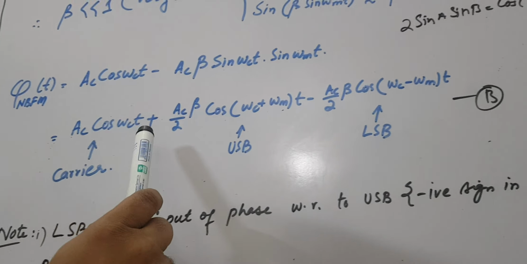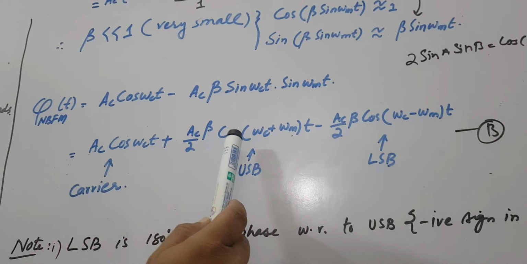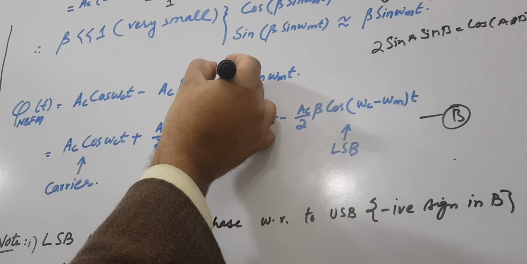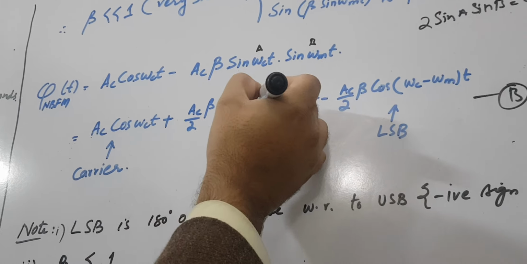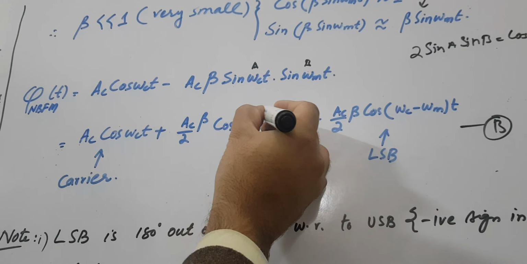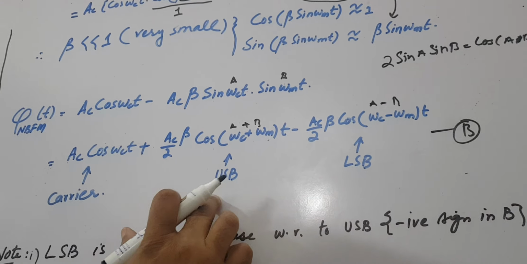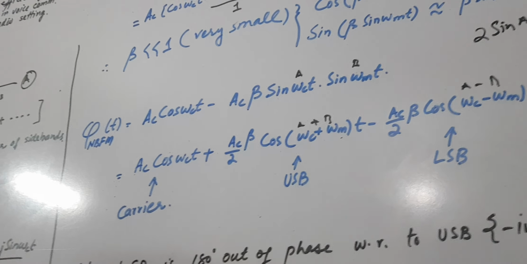So you use this formula, the same as it is. So this is A and this is B, A plus B and then A minus B. So upper sideband, lower sideband and the carrier.